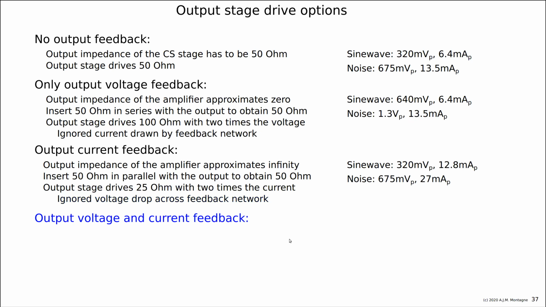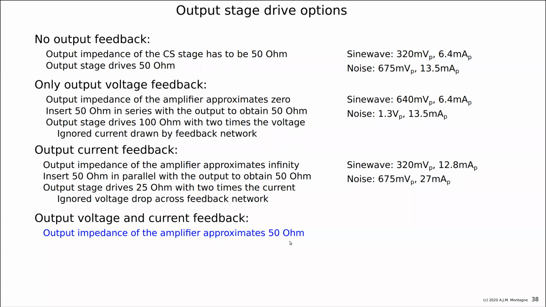Yes, if you have followed our bachelor course, then you know we can do both output voltage and current feedback to establish an accurately defined output impedance defined by negative feedback. And then ideally, we would obtain 50 ohm, but maybe because of not enough loop gain, it will deviate a little bit.